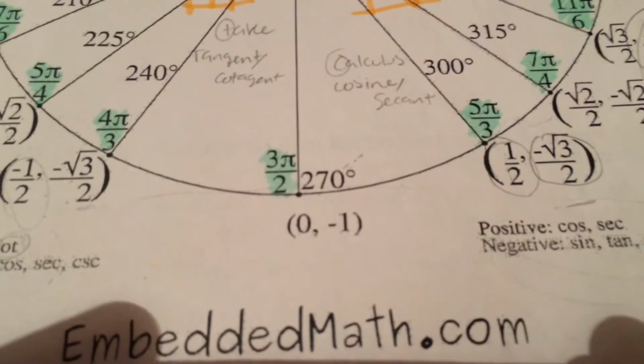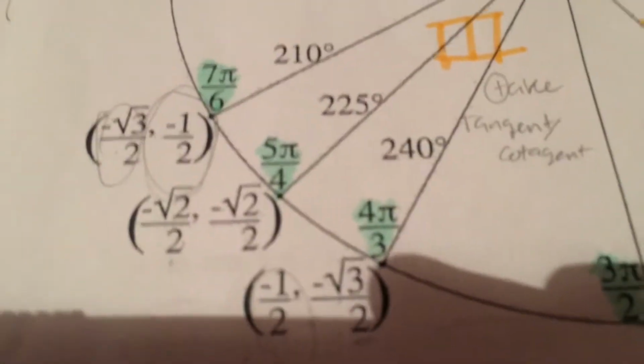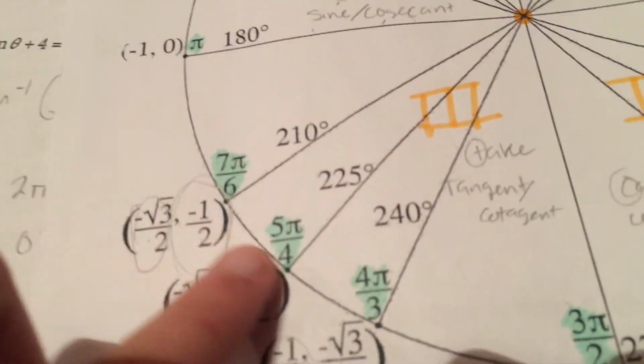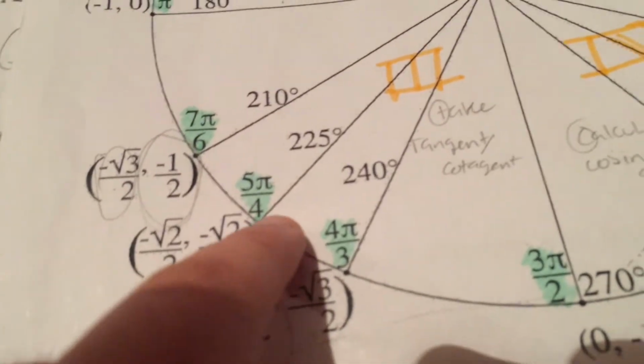So when I go to a unit circle, the only negative square root of 2 over 2 that is on the cosine side will be here, at 5 pi divided by 4 and 3 pi divided by 4.